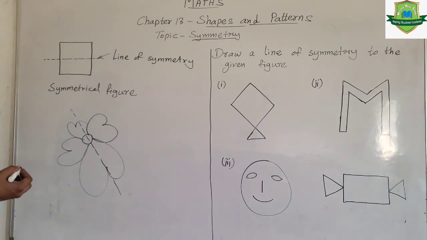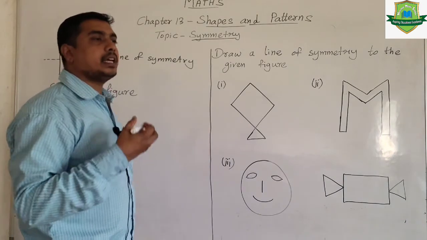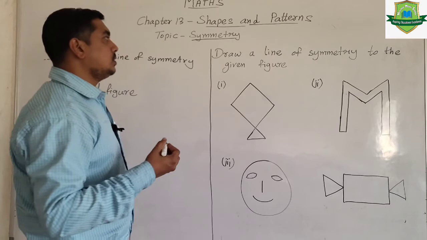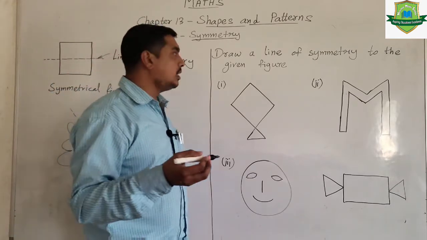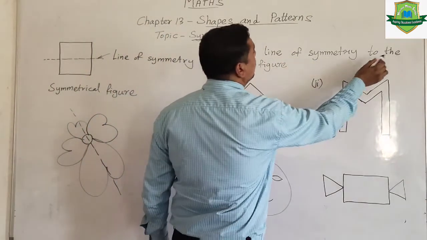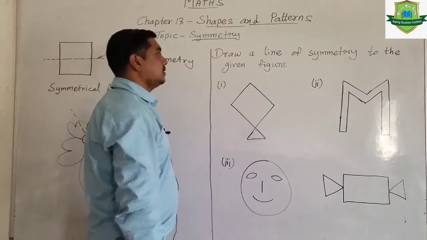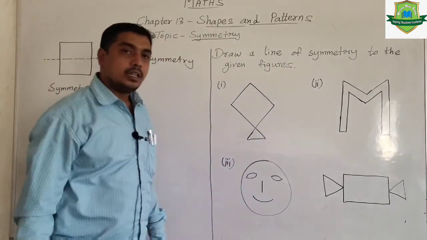Okay dears, so now let's practice a few sums. These are very easy sums, so you all also practice. It is there in your textbook as well. Draw a line of symmetry to the given figures.